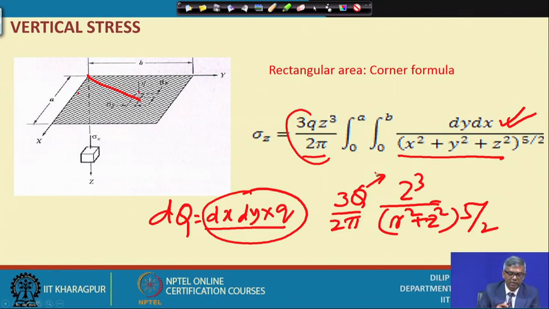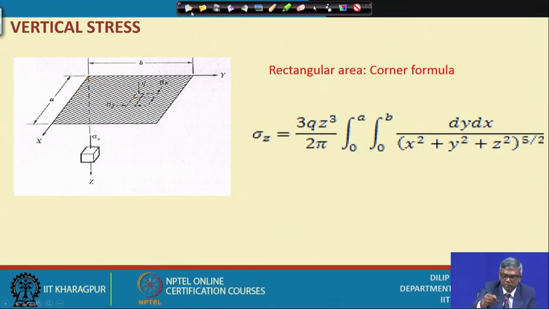When you integrate for x, x will vary from 0 to a, and when you integrate for y, you will give the limit 0 to b. After doing this double integration, we may get an equation something like this. I will show you in the next slide.